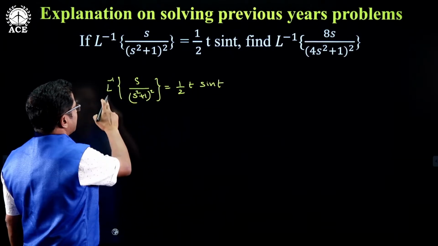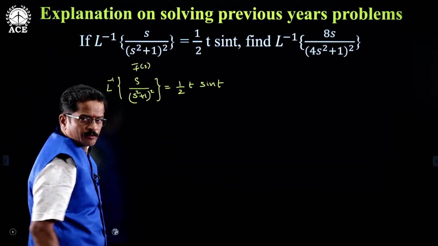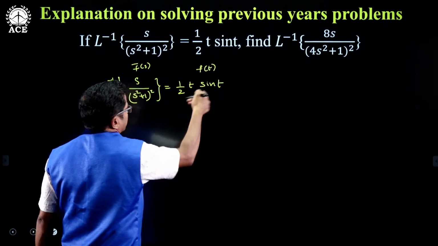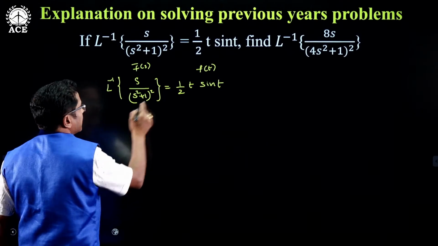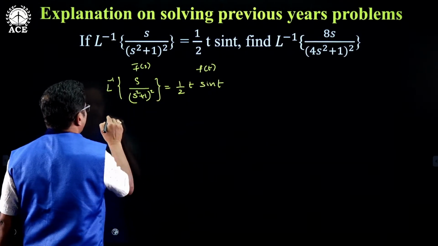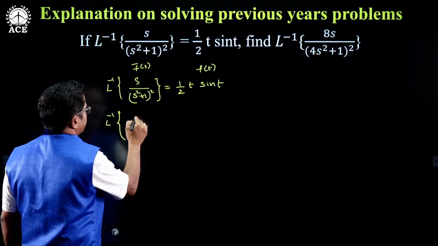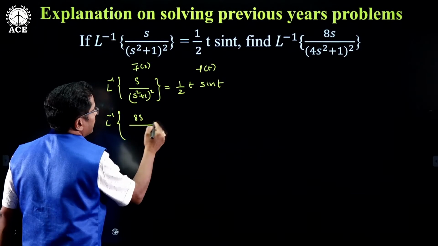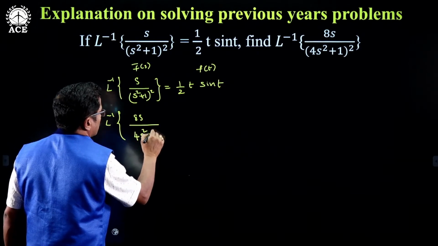If L inverse of f bar of s, then it becomes f of t. Now I am taking L inverse of 8s by 4s square plus 1 whole square.